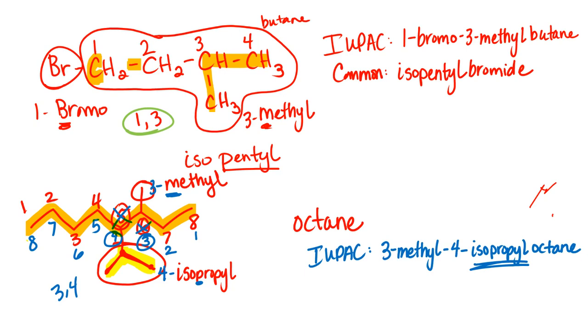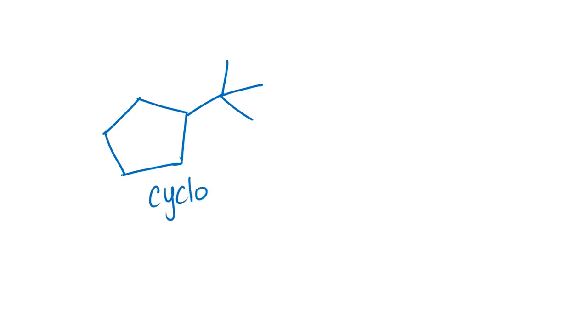Let me show you one last example like that. Let's just give you one more idea that's a lot like this. What if I have a ring cycloalkane that looks like this? Okay, so it's a ring, so it's a cyclo. It's got 5 carbons, a pentagon, so it's cyclopentane. And then I have this group coming off of it.